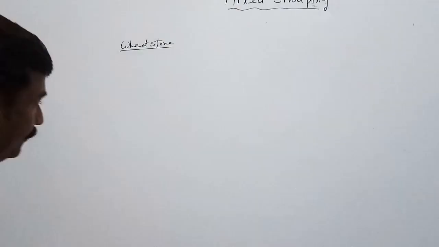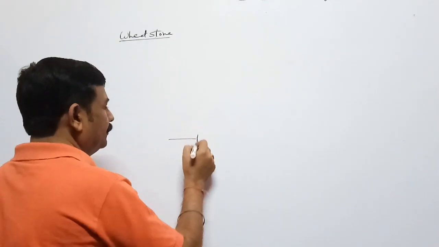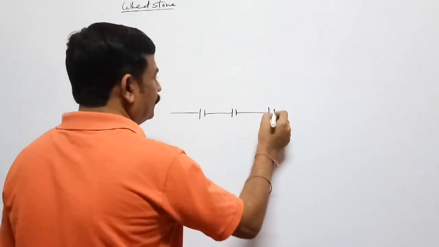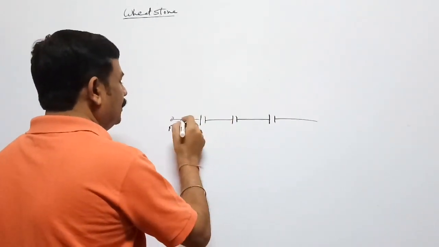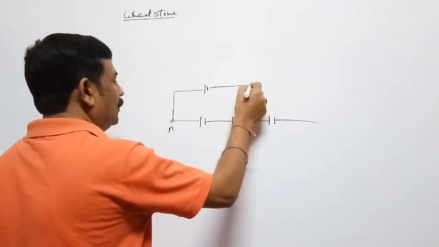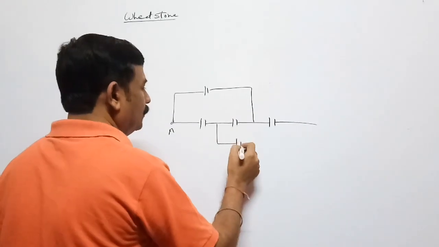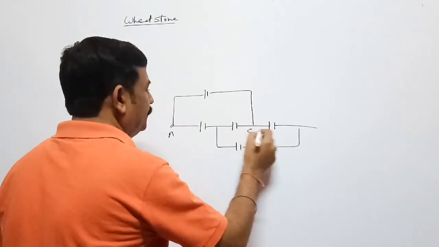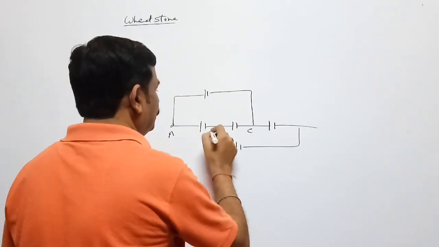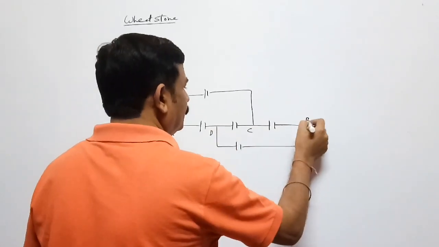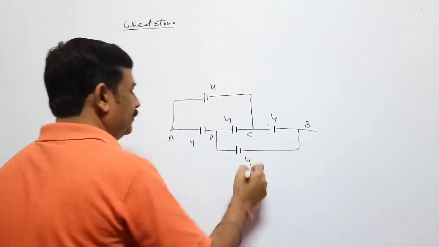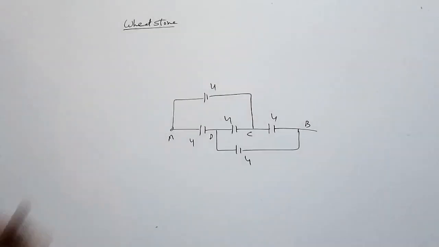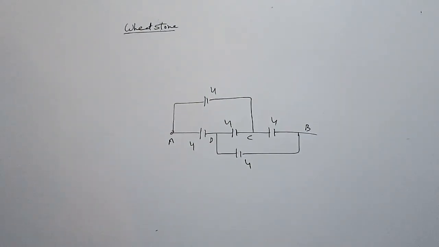Like this. Point A, like this. They are saying find the net capacity with respect to points AB.